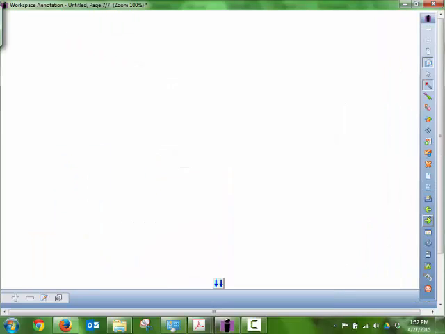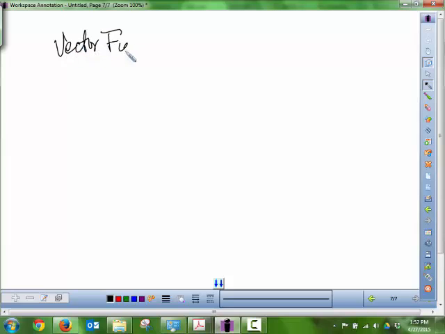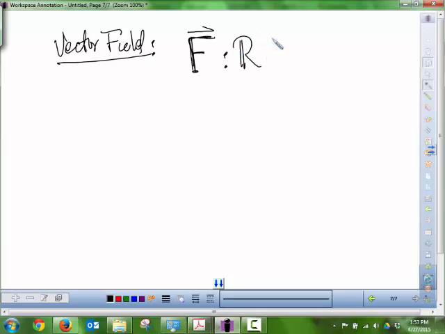So let me just tell you now that a vector field is our new topic. And a lot of times we want to denote our vector field with a capital F. What this does is it takes, I'll just use 2 as an example, a multivariable function and it outputs a multivariable or multivector.